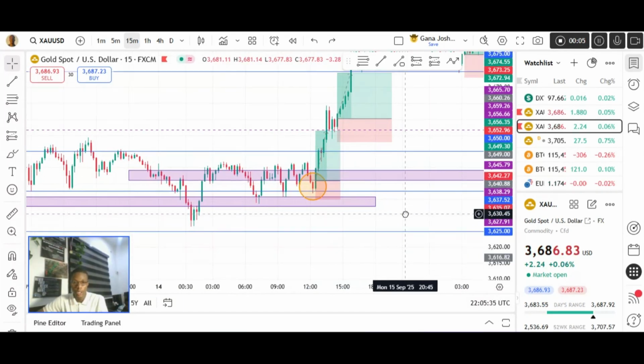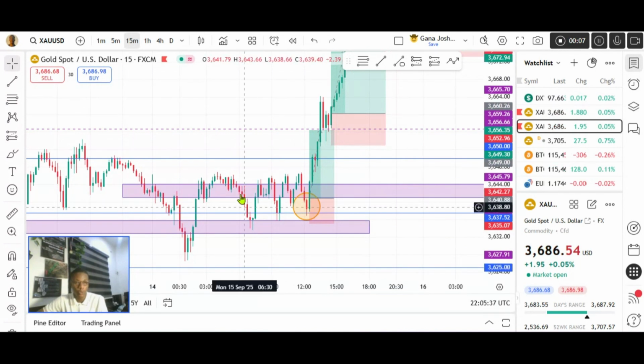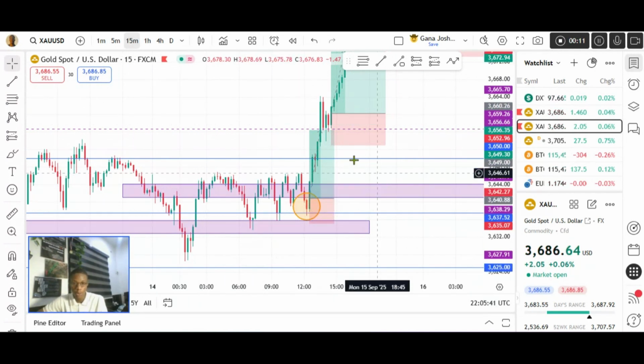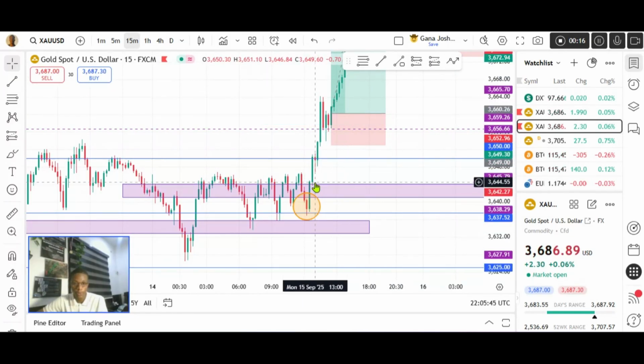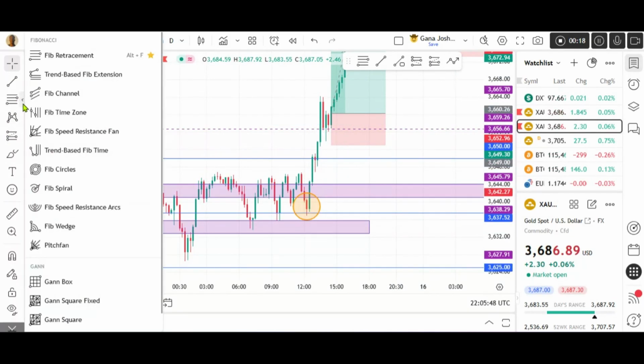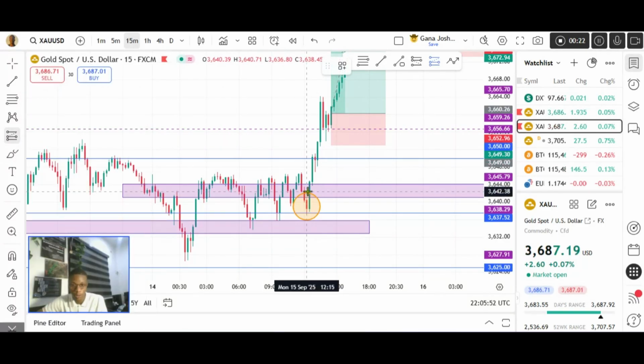In addition to that, if we drill down to the 5-minute time frame, we get a very good deal. You have two options: either wait for the close of this 15-minute candle if you want to be extra sure, but it's something we had already been anticipating.